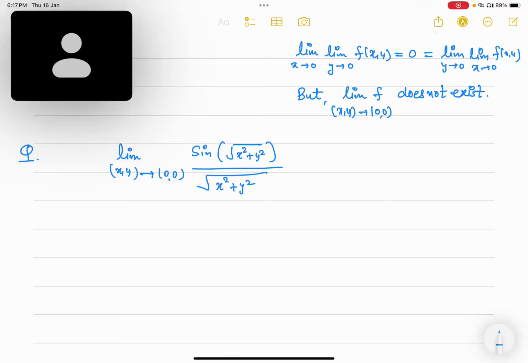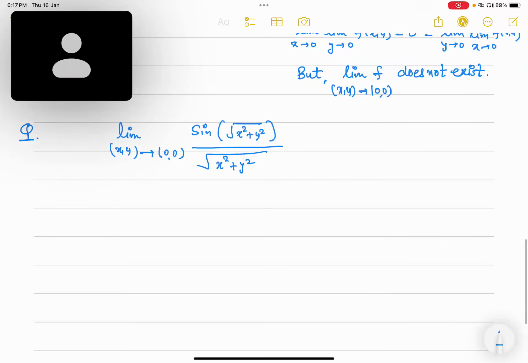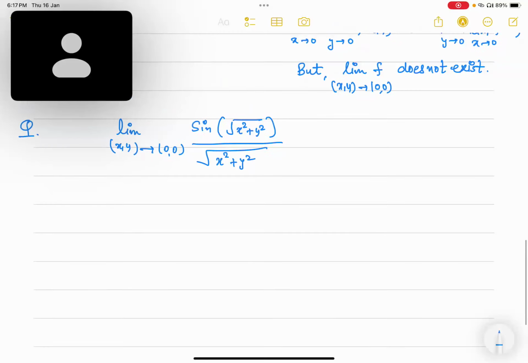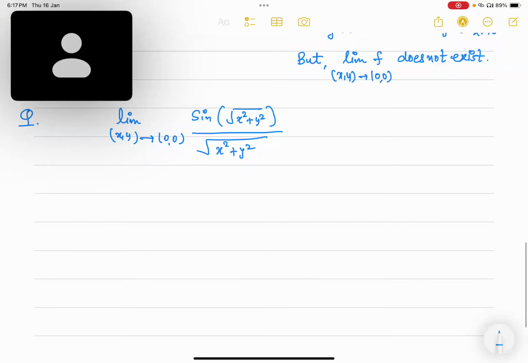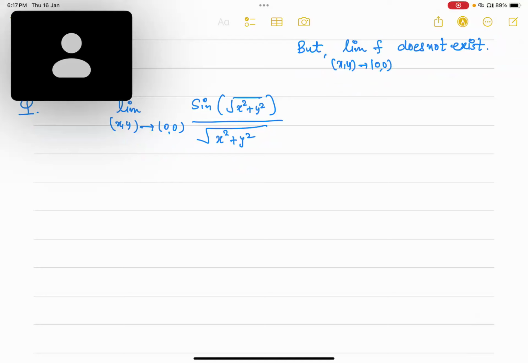What can you say about this limit? 1. Why? Sir, because it is sin star upon star type where star tends to 0. Oh, that is in one variable. So your idea is correct. The idea is to reduce this type of function to a one variable problem.